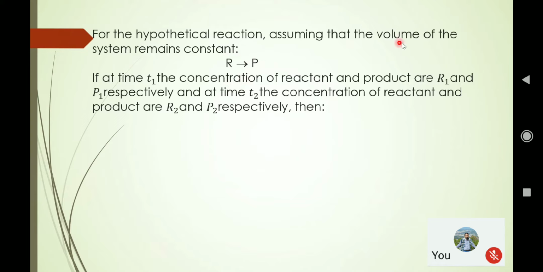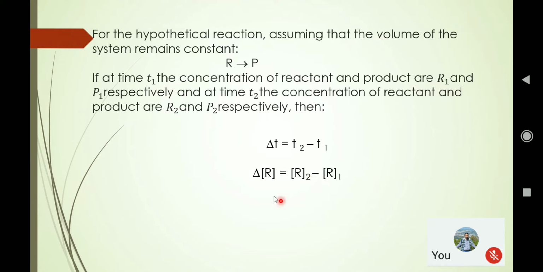assuming that the volume of the system remains constant, if at time t1, the initial time, the concentrations of reactant and product are R1 and P1 respectively, and at time t2, the final time, the concentrations of reactant and product are R2 and P2 respectively, then the change in time is the final time minus the initial time.